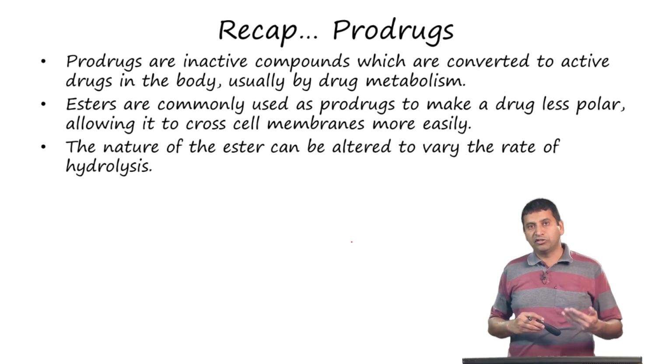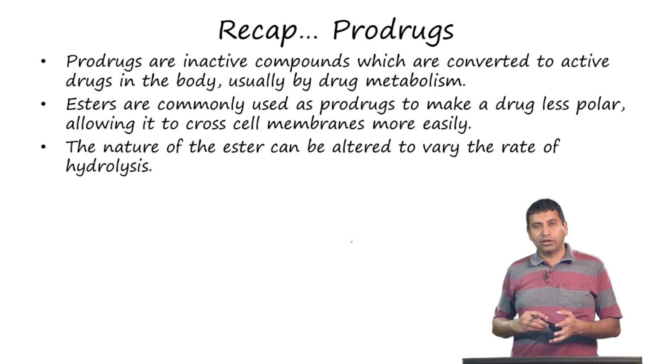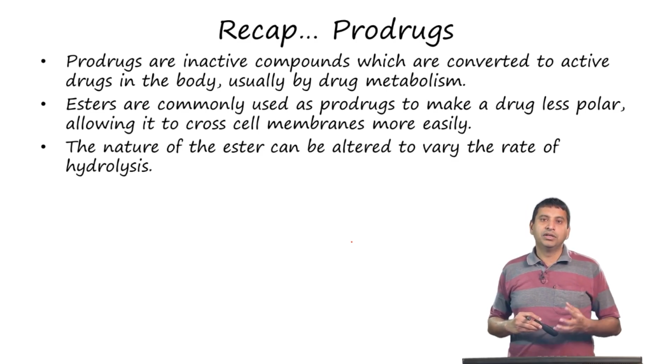Here, using these concepts of metabolism, we introduce the concept of prodrugs. Prodrugs are by themselves inactive molecules, but they are converted to active drugs in the body, usually by drug metabolism. So, here an intimate knowledge of how drugs are metabolized becomes very useful. The most commonly used prodrugs are esters.